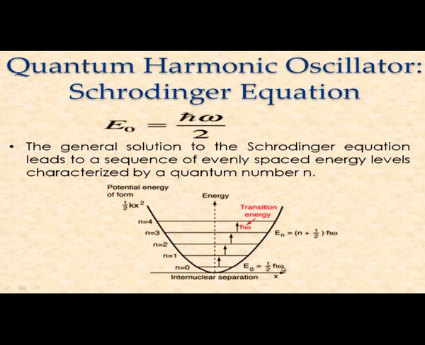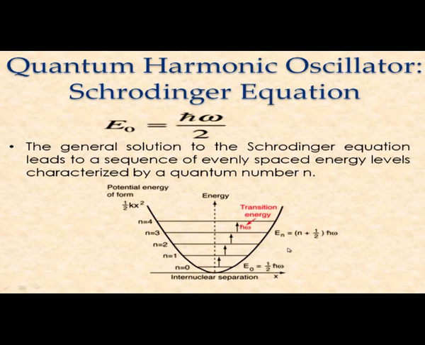That is the very basic physics explained by this E naught is equal to half h cross omega. When n is equal to 1, it becomes 1 plus half h cross omega, which is nothing but 3 by 2 h cross omega.